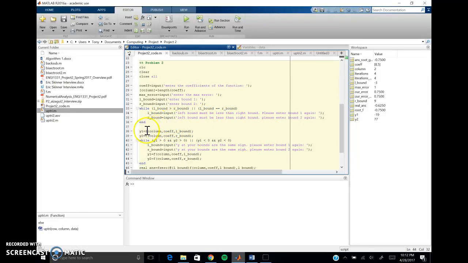Once you have that, your columns, your number of numbers in your row vector, your coefficients and your left bound will get sent to function f.